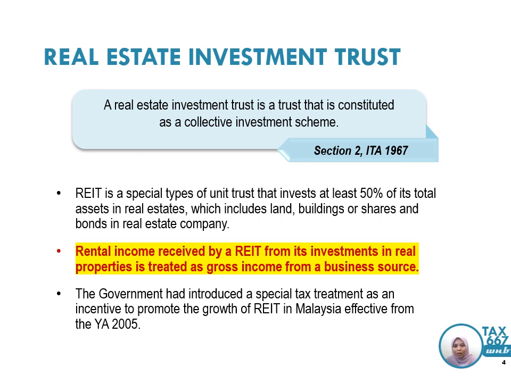Later kita akan tengoklah apa yang specialnya REITs ni berbanding dengan bisnes yang lain. But for this time, ingat betul-betul, perbezaan yang pertama untuk REITs, rental income akan dikira sebagai business income. So kita akan letak bawah 4A bukan 4D.